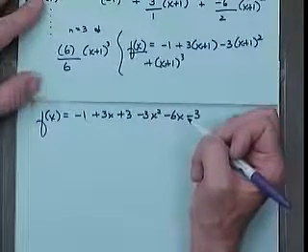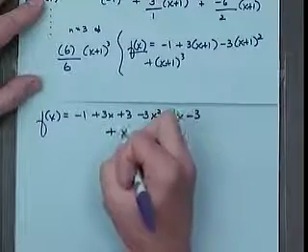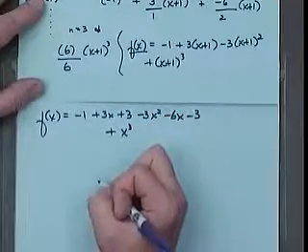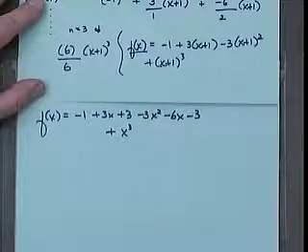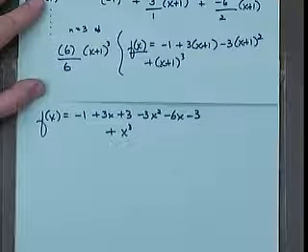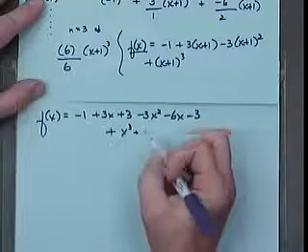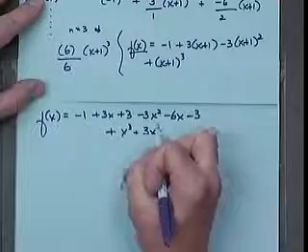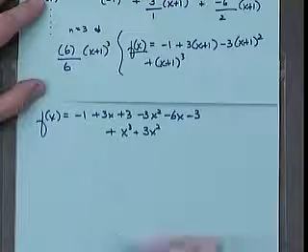And then we've got x plus 1 cubed, which is what? X plus 1, the quantity cubed. The coefficients are going to be 1, 3, 3, 1 when you cube something.